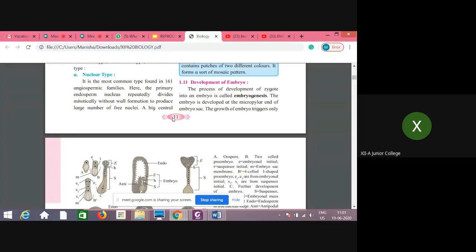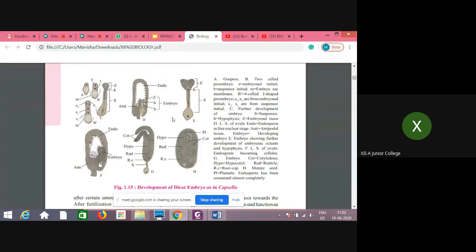First, we'll recap a little about double fertilization. What is double fertilization? It is the fusion of one of the male gametes with the egg cell, that is the female gamete, called syngamy or first fertilization, which results in the zygote.